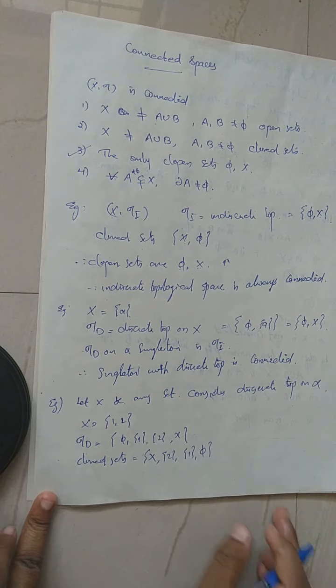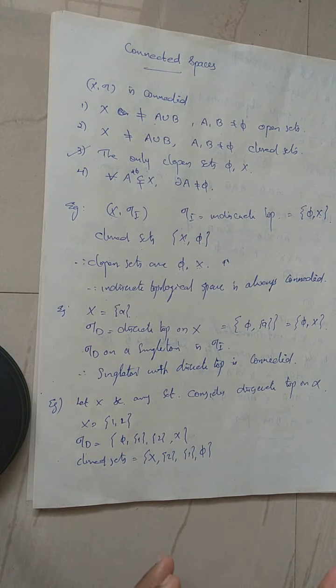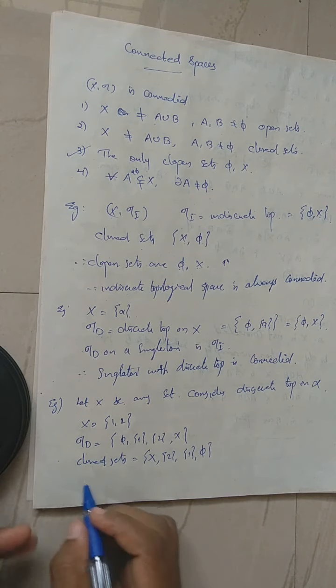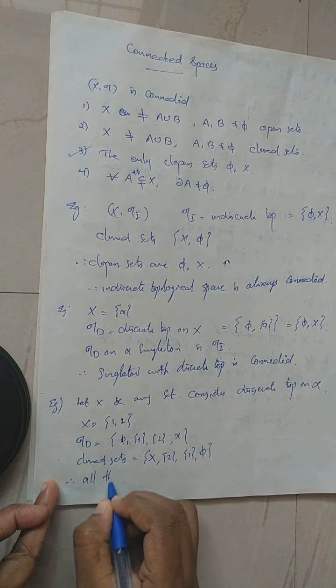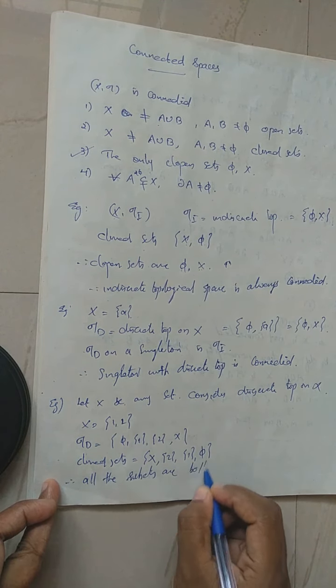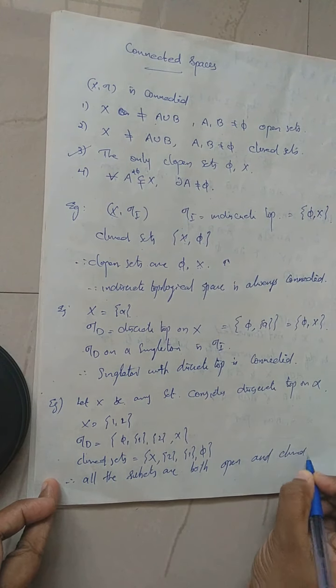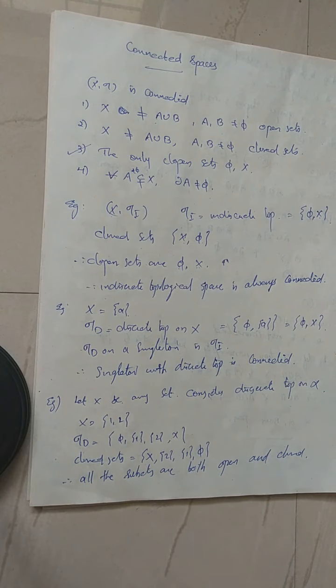It is the same as this. So in the discrete topology, all the subsets of X are both open and closed.